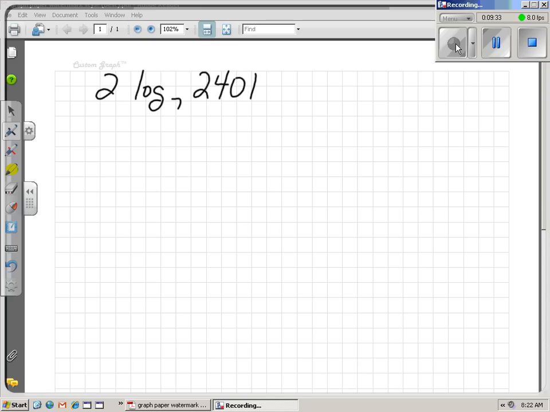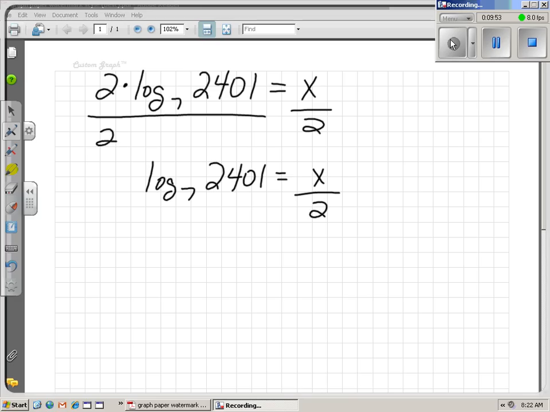Okay, what about this one? 2 log base 7 of 2,401. Well, that means 2 times the log. And remember, I like to set these equal to x because I'm looking for the exponent that I need. What is the exponent that I have to put on the 7 to get this to work out? Well, first thing I'm going to do is divide that 2 off of there. And I have this. Now I'm going to think, okay, 7 raised to this exponent equals my answer, 2,401.